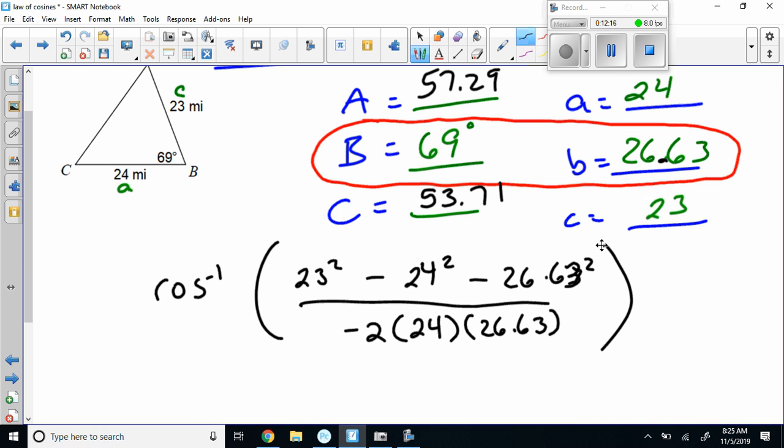Now, what do you need to do to ensure that you have the least opportunity to make an error here? What's the thing we need to check on a calculator? Make sure you have it in degree mode. I think most of our calculators did change back over to degree.